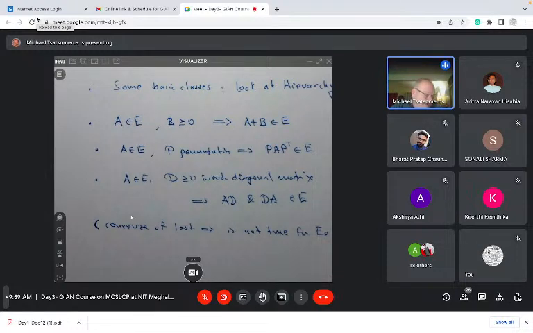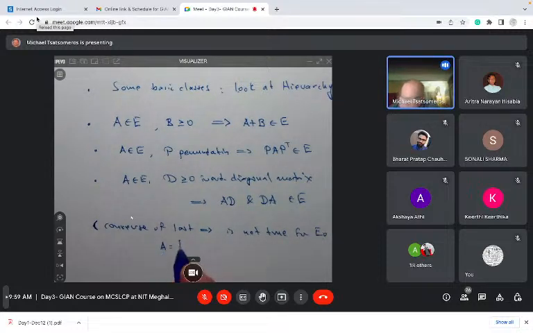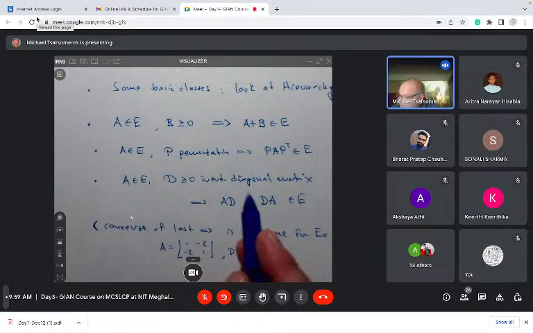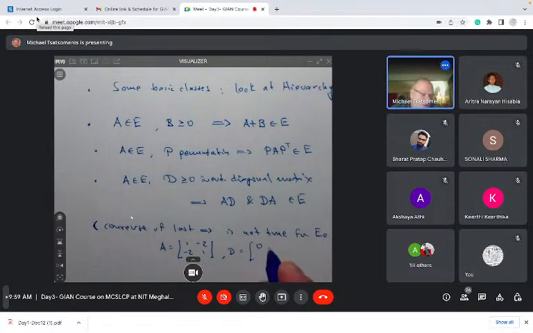So let me write it down because it's illuminating. Let's take A to be the matrix 1, minus 2, minus 2, 1. So it's even symmetric. And let's take D to be, now it doesn't have to be invertible, so I'm going to take the matrix 0, 0, 0, 1.